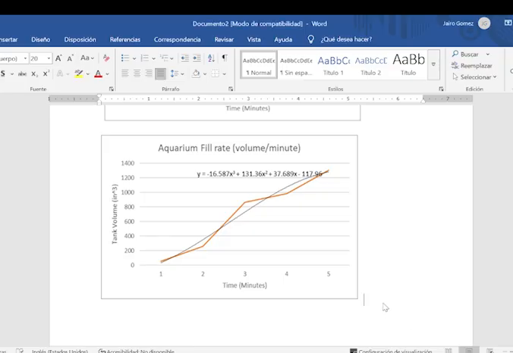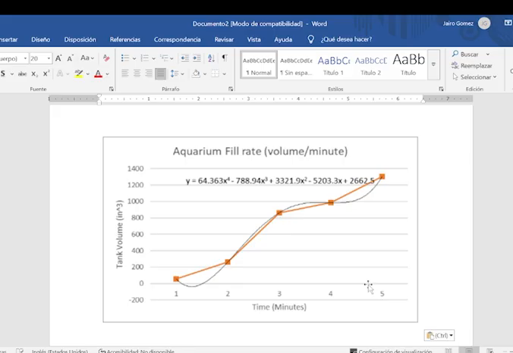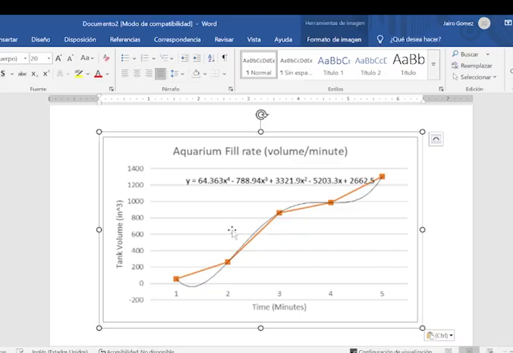And what you find is that as you go up, the function will start to look more similar to the actual behavior or fill rate of the spherical tank.